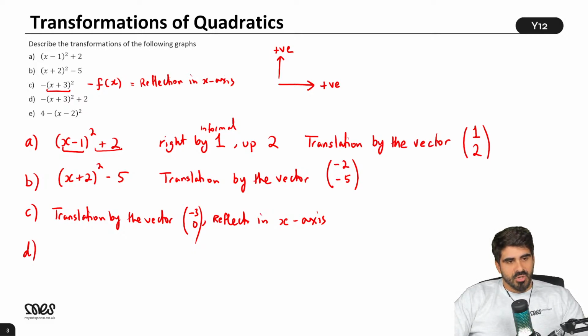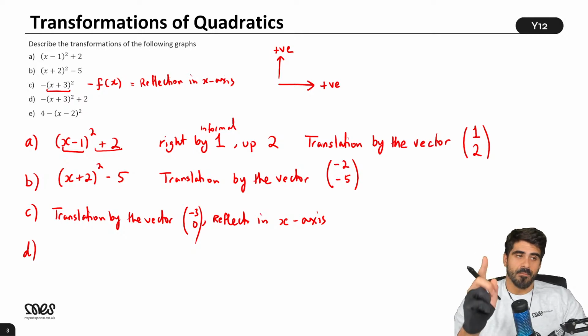Minus 3, minus 2. Reflection in the x-axis. Okay, so someone is thinking about which one we do first. And Ishan, well done. So guys, look at what Ishan's written.